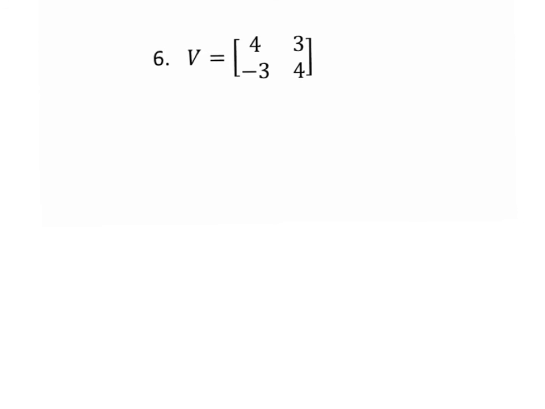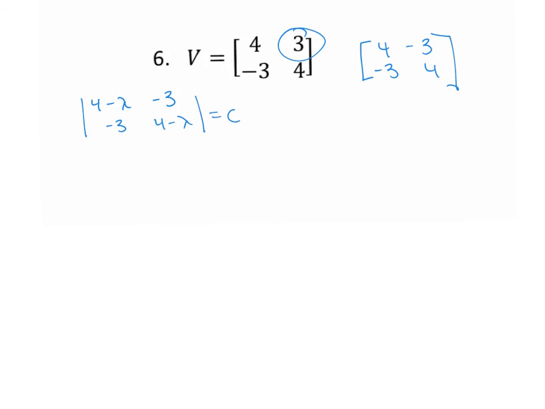So here's my solution. I again changed the top right entry. So if I made it 4, -3, -3, 4, we get something that's pretty easy to work with. If I find 4 minus lambda, -3, -3, 4 minus lambda, for this equation, I got lambda squared minus 8 lambda plus 7.